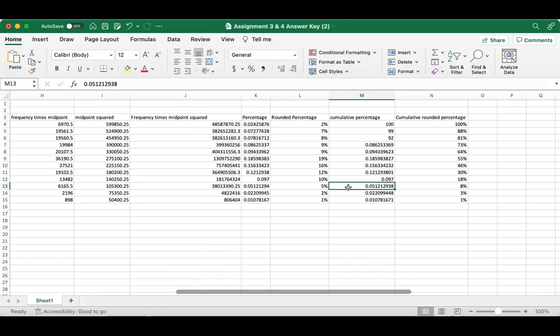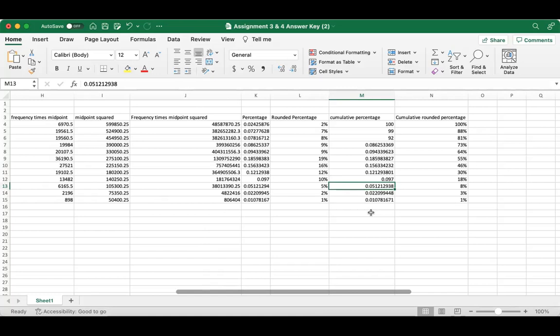Professor, how'd you get it to the decimals again? I just highlighted the whole thing and then clicked the left decimal button. What are we adding exactly?